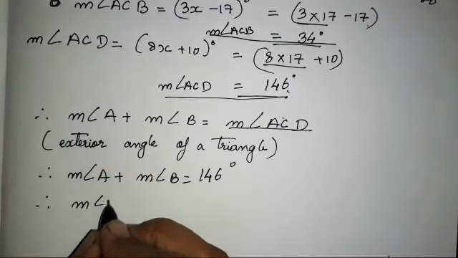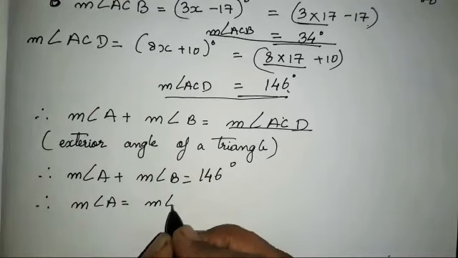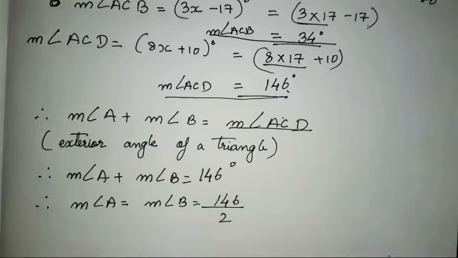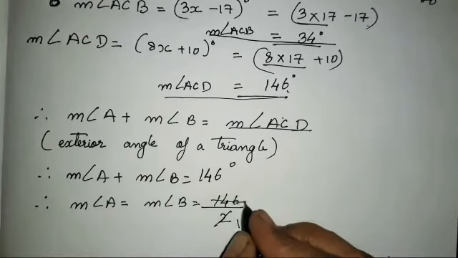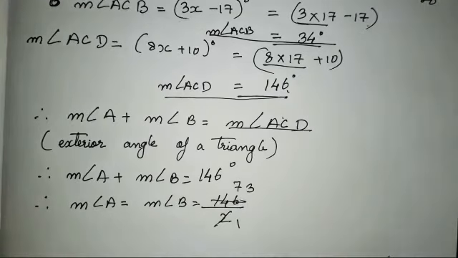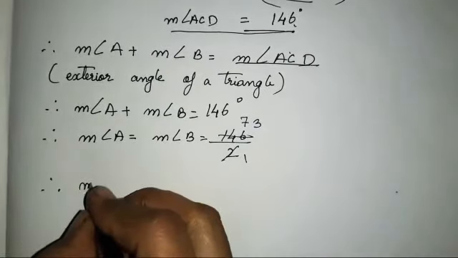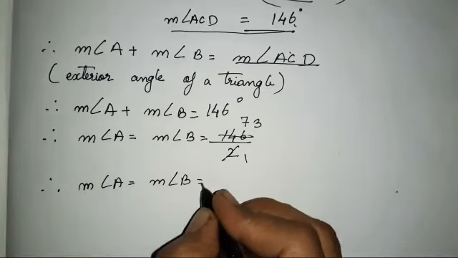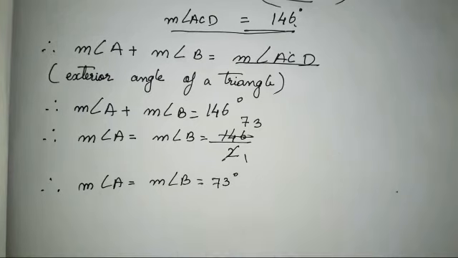Therefore measure of angle A is equal to measure of angle B, that is 146 upon 2. Both are equal, that's why 2. Now 2 ones are 2, 2 sevens are 14, 2 threes are 6. So how much will A and B be? Measure of angle A is equal to measure of angle B, which is 73 degrees.